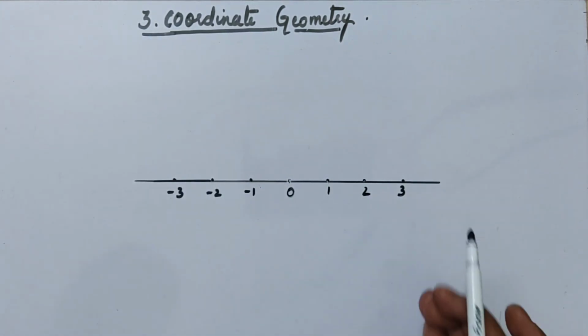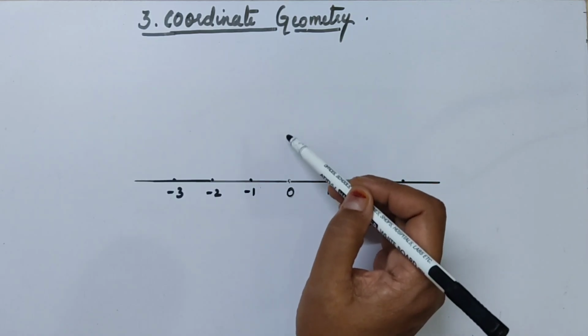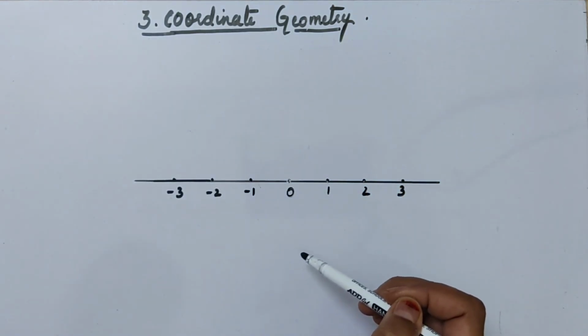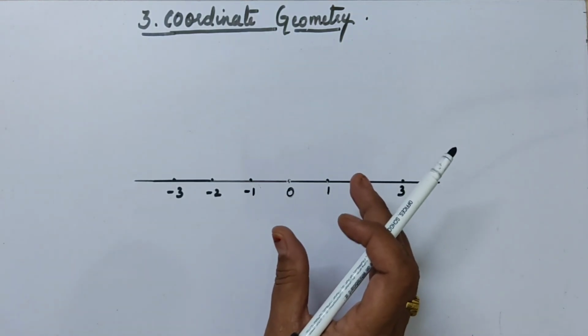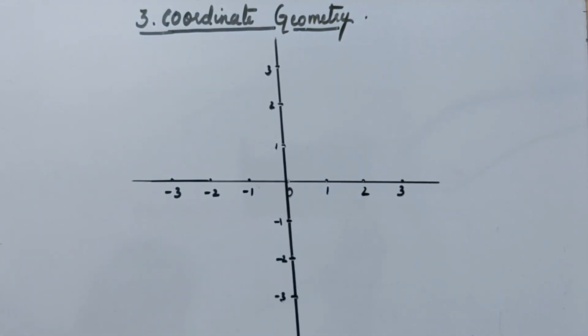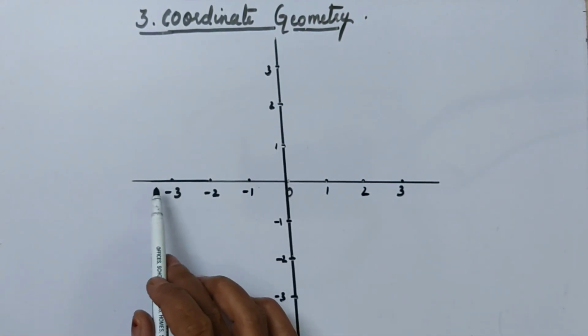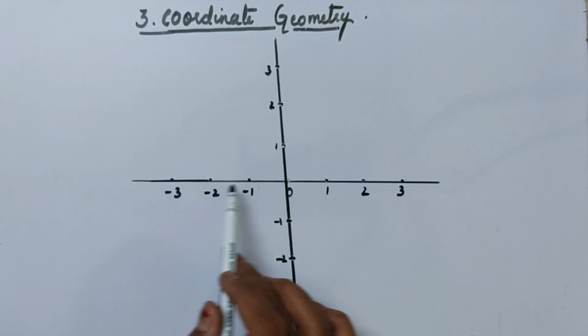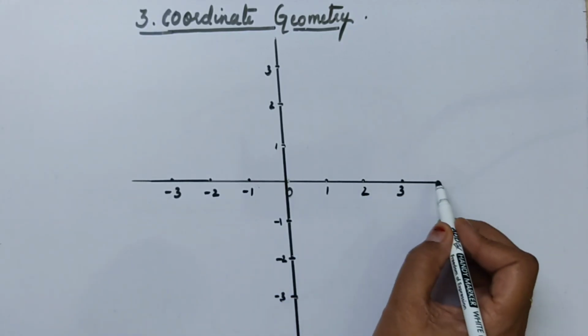Right, now I am going to draw a perpendicular line so that these two lines cross in such a way that they meet at 0, students. Now, this is a horizontal line. The horizontal line is called the x-axis.